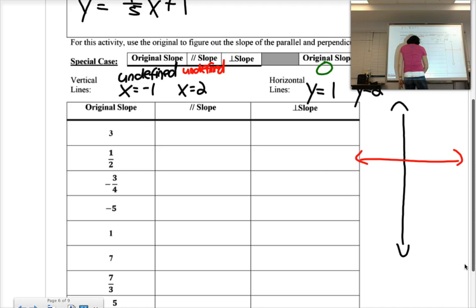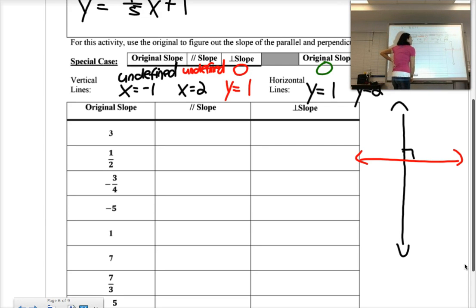Well, these angles they form are right angles, which means that this vertical line and this horizontal line are perpendicular to each other, which means that a line that's perpendicular to a vertical line would have a slope of 0.